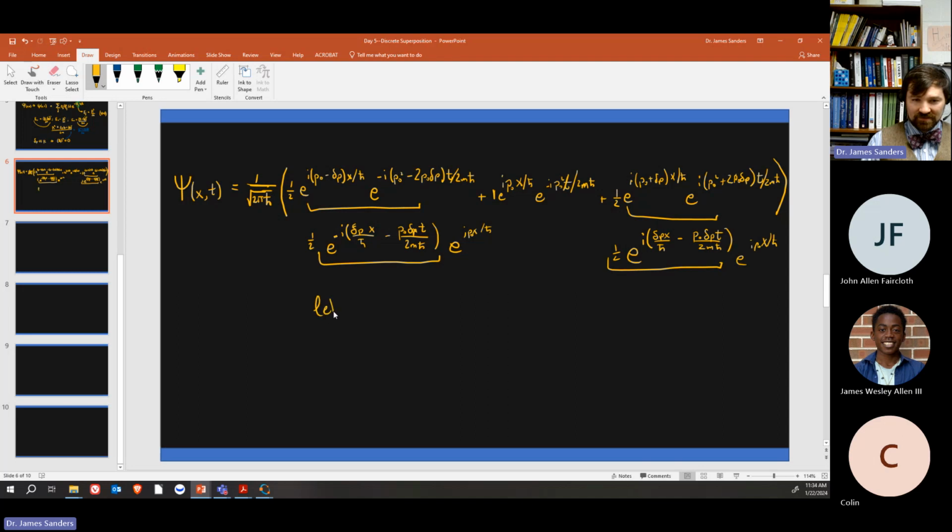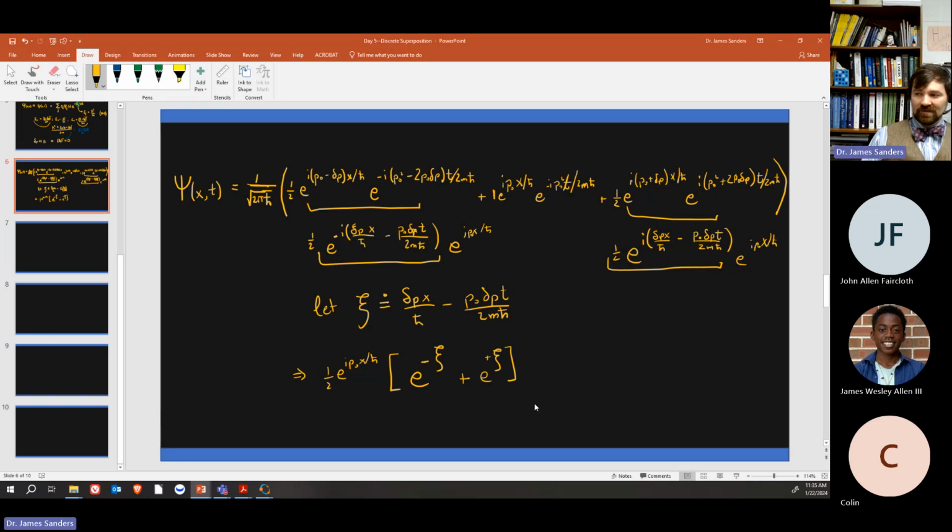And so if we let some dummy variable be given by basically this difference, dpx over h bar minus p naught dpt over 2m h bar, then these look suspiciously like a 1/2 of e to the I p naught x over h bar times e to the minus the dummy variable plus e to the plus of the same dummy variable.